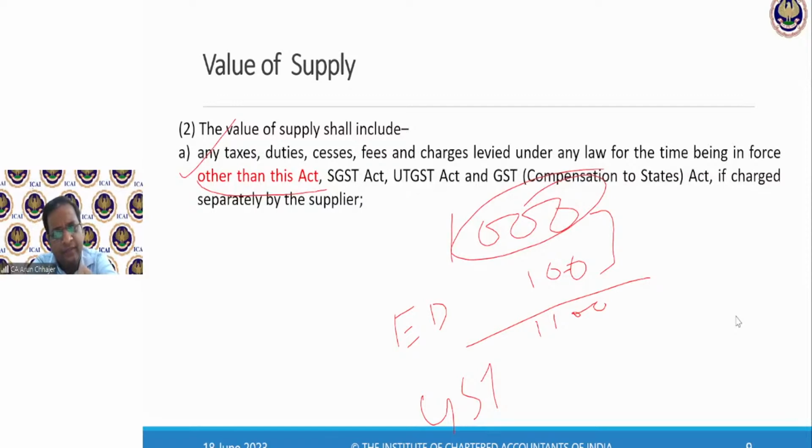Can anybody give me one more example? कोई भी आप example मुझे दे सकते हैं. Any one more example for this clause? I have given one example, tobacco. Can you give me any one more example?